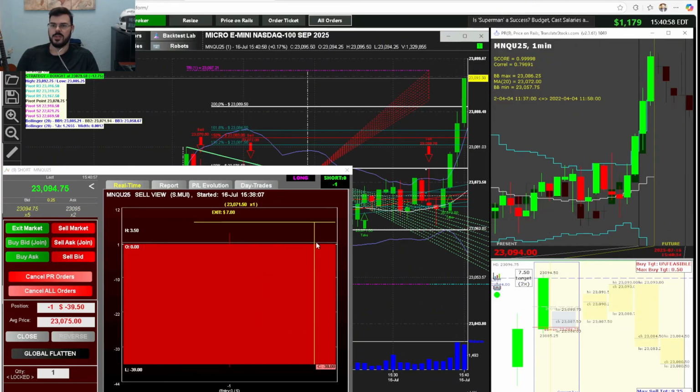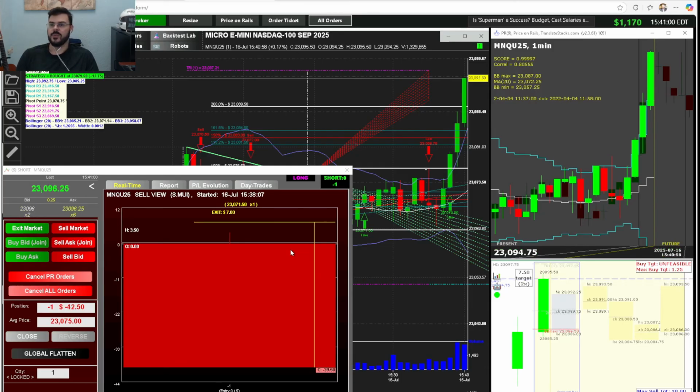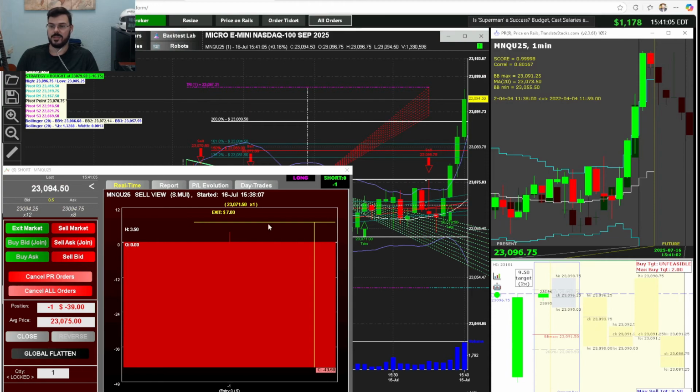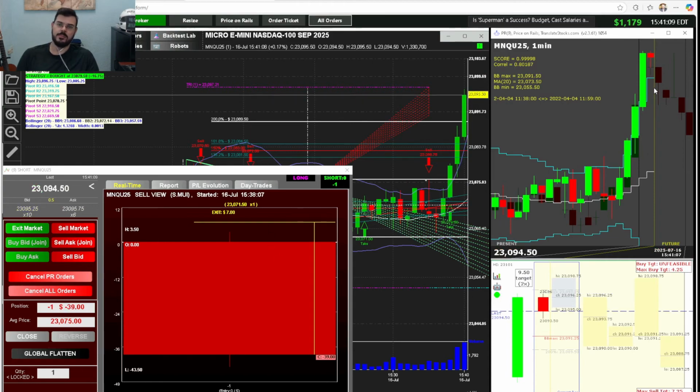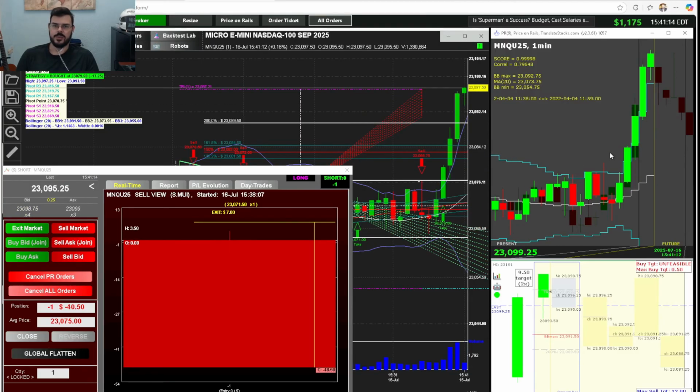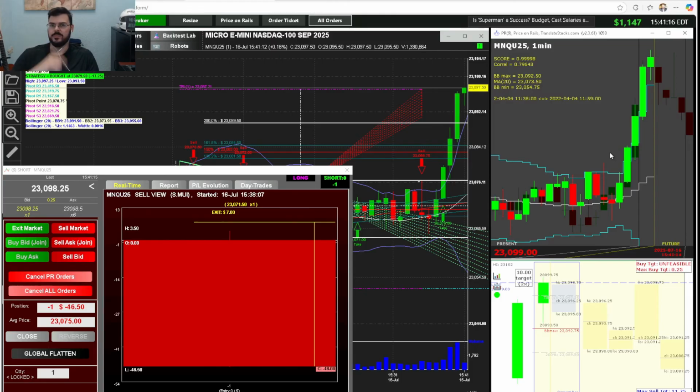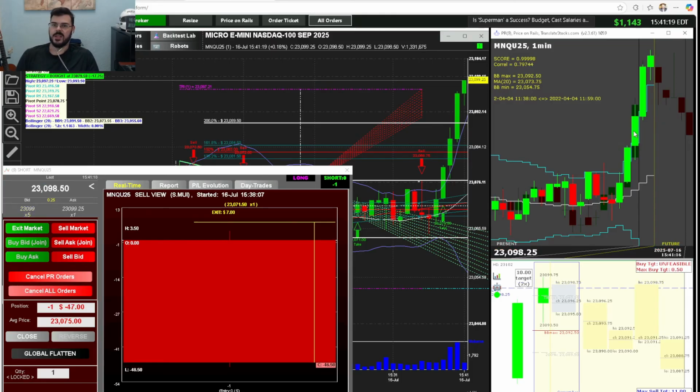It will hold that position for me. If I have a fixed stop loss, it will trigger the stop loss. If I don't have a fixed stop loss, it will wait for the price to stabilize below the upper Bollinger Band to make a new entry. But if I want, I can make a new entry manually.